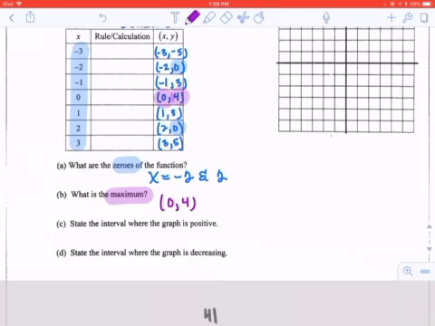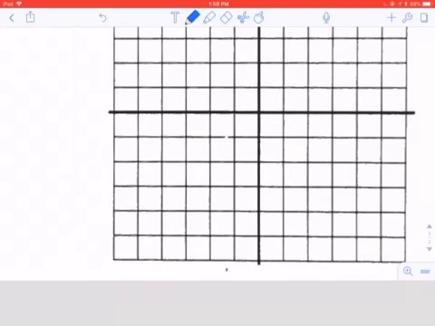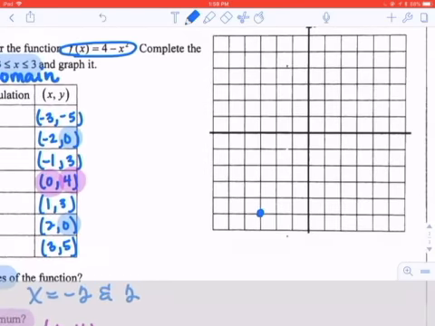All right, to tell where it's positive or negative or increasing or decreasing, it's best to actually look at the graph. So I'm going to go ahead and graph this function, -3, -1, 2, 3, 4, 5. Go ahead and do this with me if you haven't already. -2, 0, -1, 3, 0, 4, 1, 3, 2, 0, and oops, this was supposed to be 3, -5, and 3, -5.